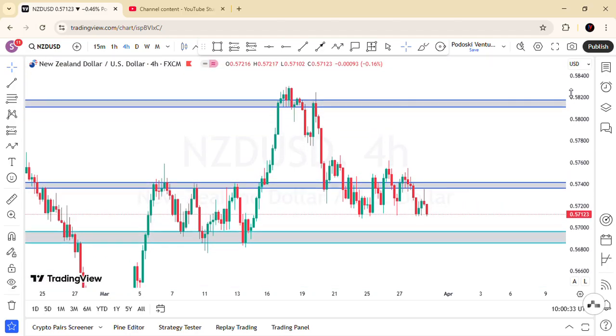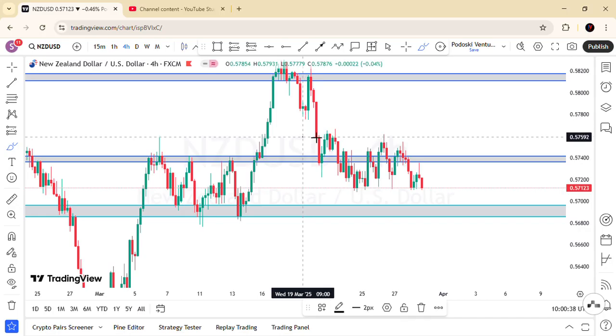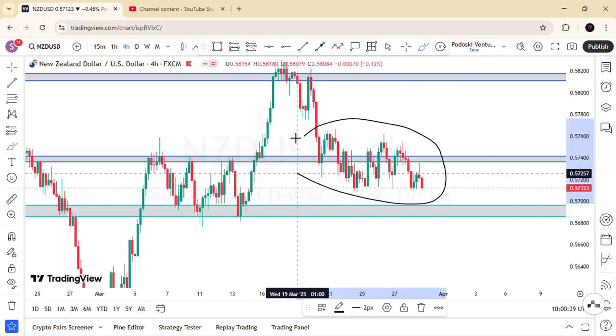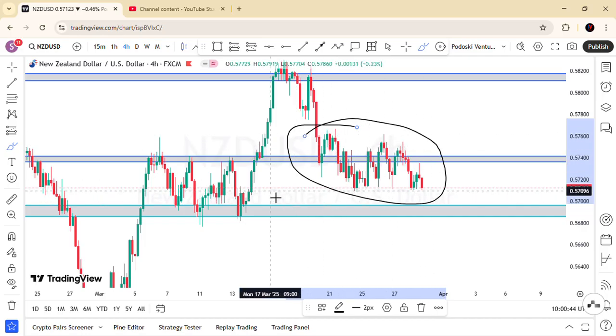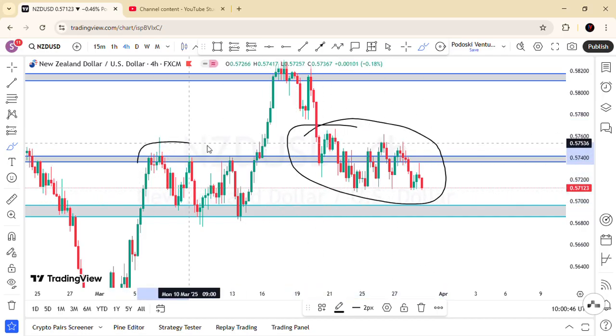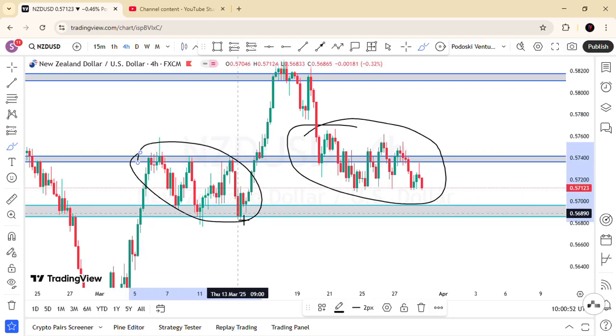On NZDUSD, you see price has been ranging in this zone for a very long time, and it was doing the same here until it managed to break out and went all the way up here.